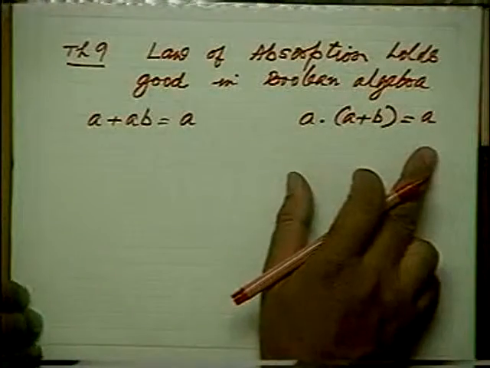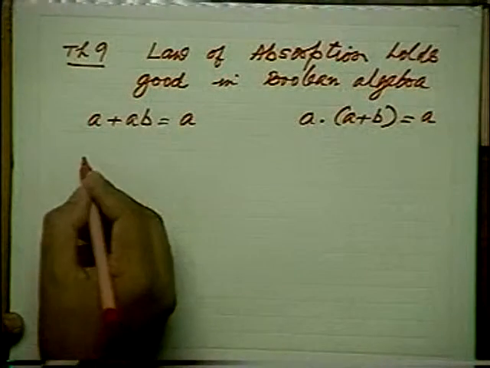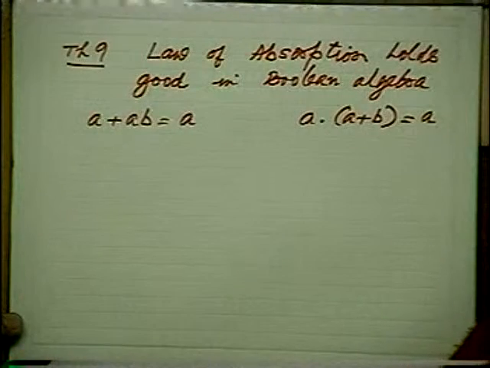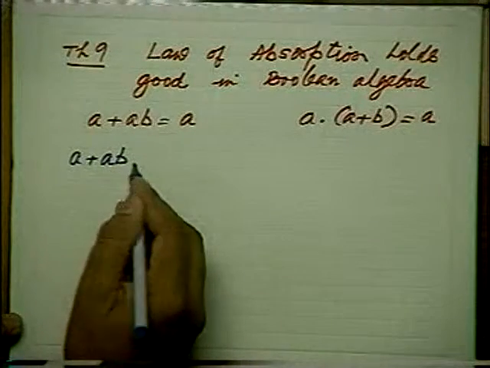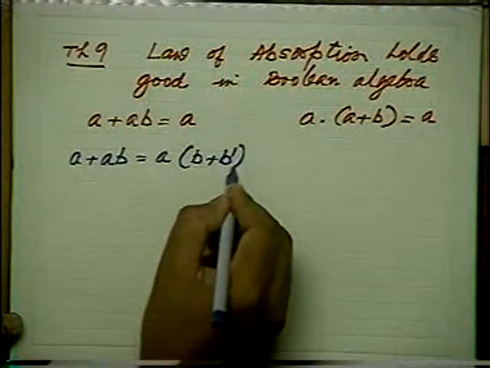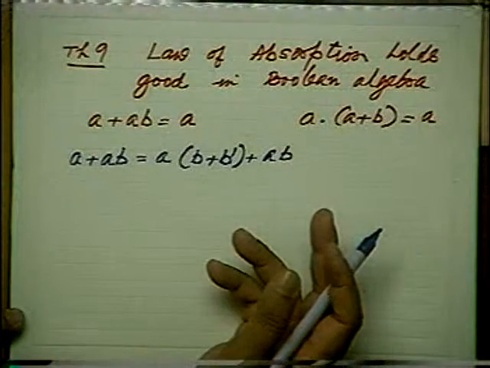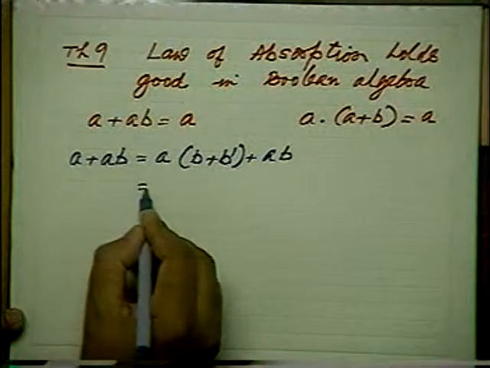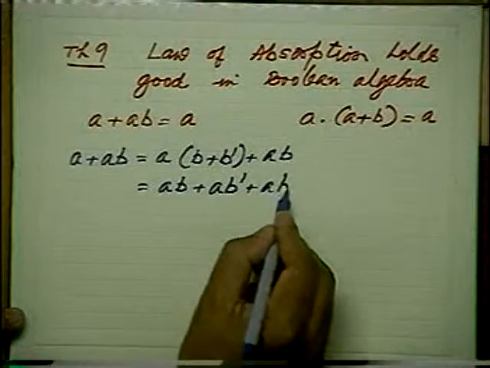Let's come back to theorem 9: A plus AB equal to A, and A dot (A plus B) equal to A. Let's prove it once more. A plus AB, I can say, is A dot (B plus B dash) plus AB, because B plus B dash equal to 1. This is equal to AB plus AB dash plus AB.